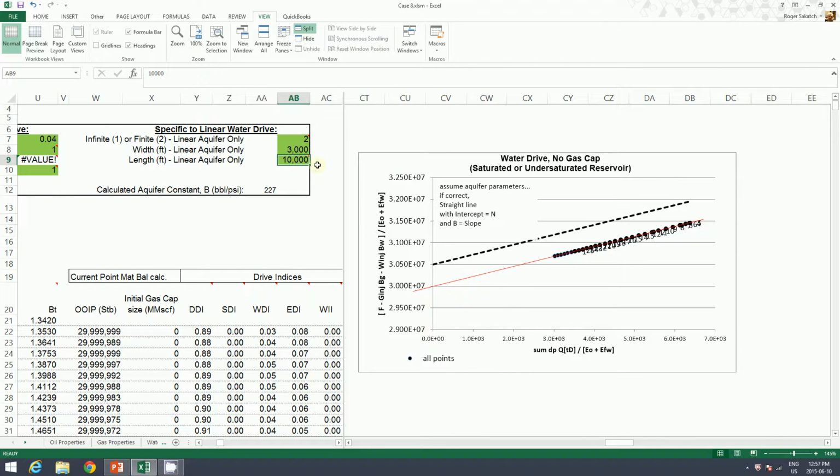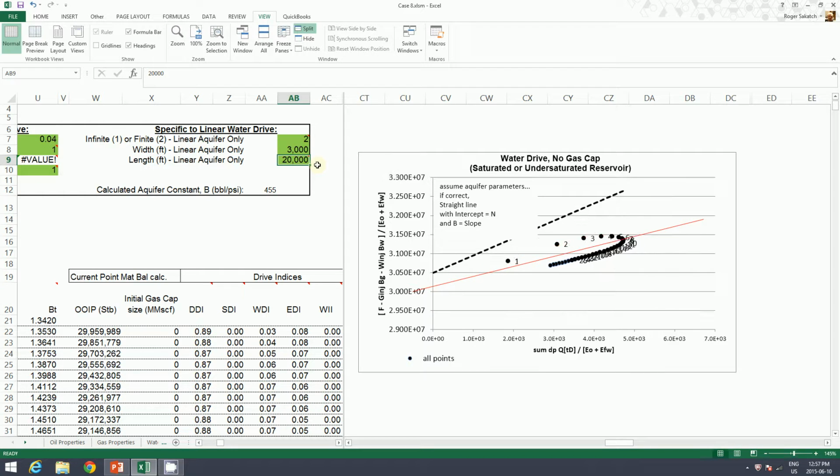If I were to come in here and say that, no, I don't think that the length of this aquifer is only 10,000 feet long, I think it's 20,000 feet long, which will provide a period of time which is going to be infinite acting longer than what the 10,000 foot reservoir would give us.